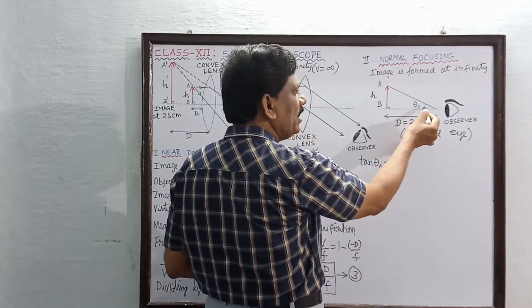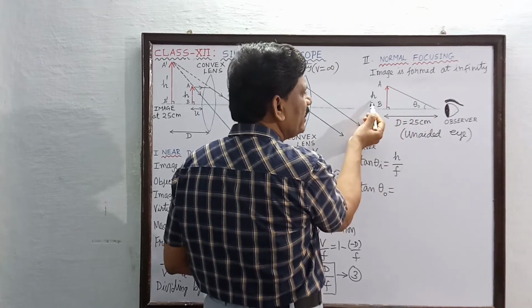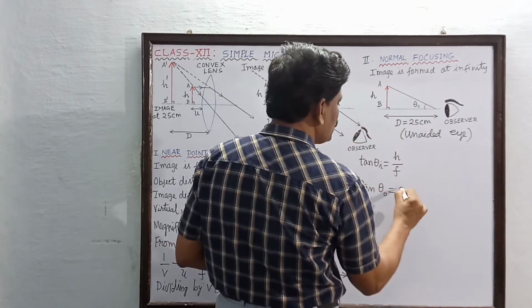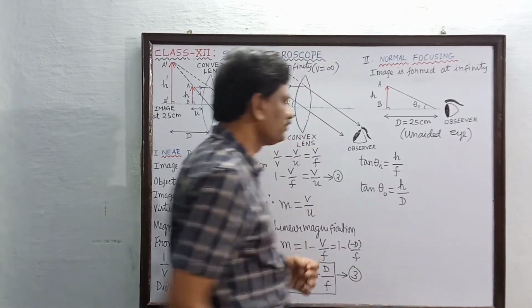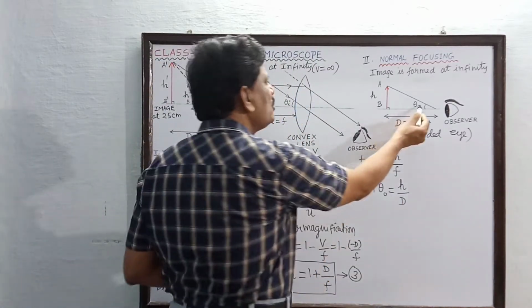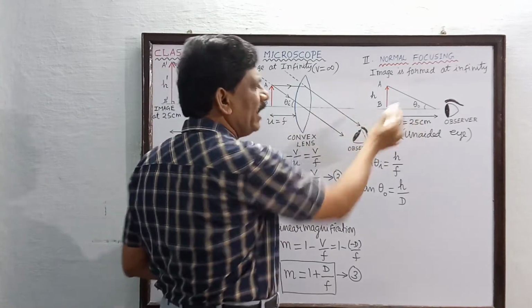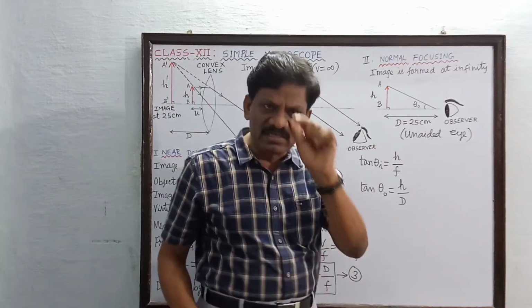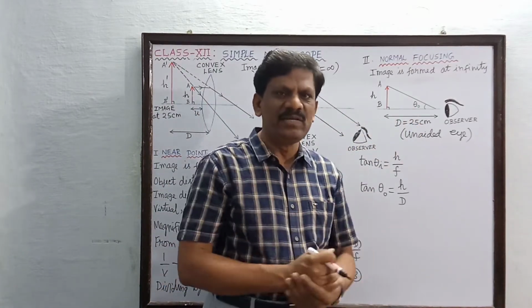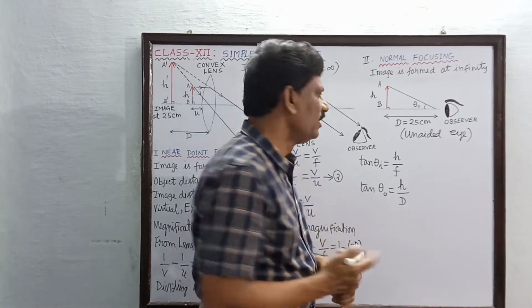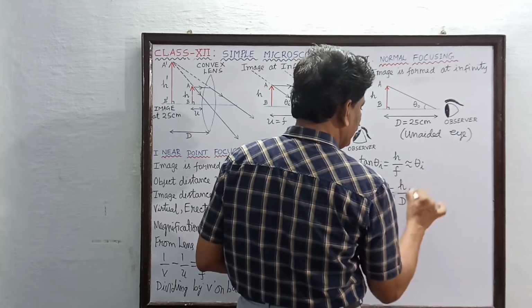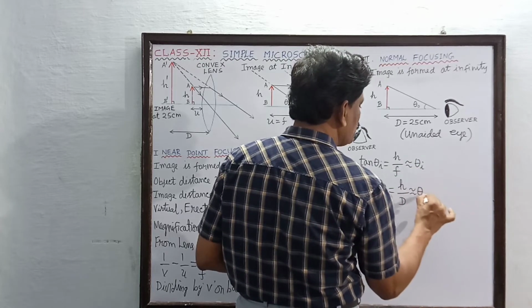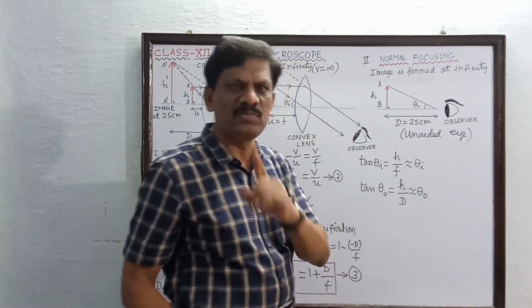So tan theta O is equal to h divided by D. Now since these two angles theta I and theta O are very small, the tangent value of the angle is equal to the angle itself. So tan theta I is nearly equal to theta I and tan theta O is nearly equal to theta O for small angles.